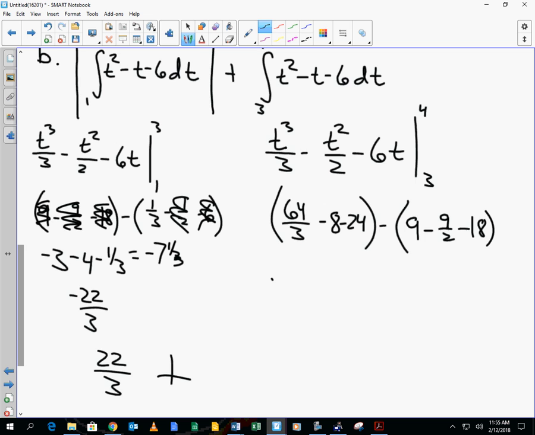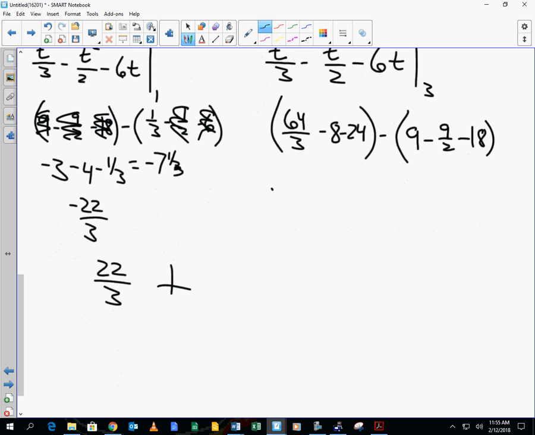Okay. I'll look at my whole numbers first. I've got negative 8, negative 24 make negative 32. Minus 9 is a negative 41. Plus 18 is going to be a negative 23, plus 64 thirds plus 9 halves.